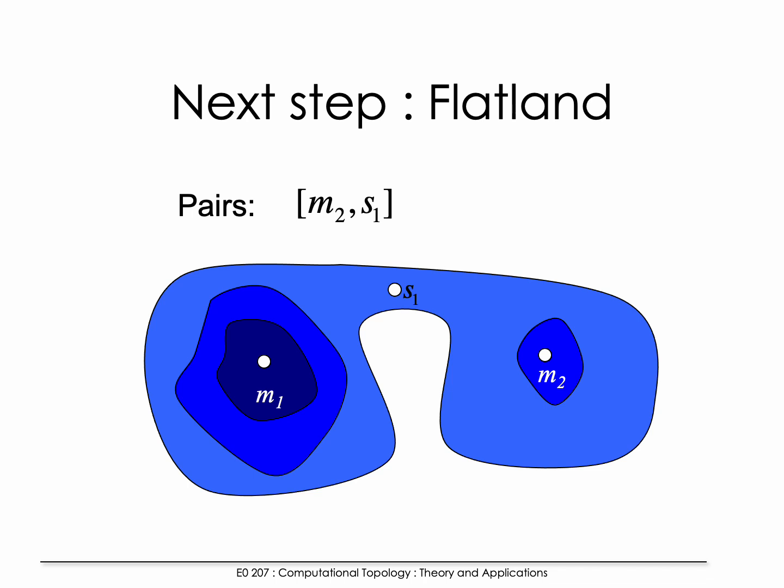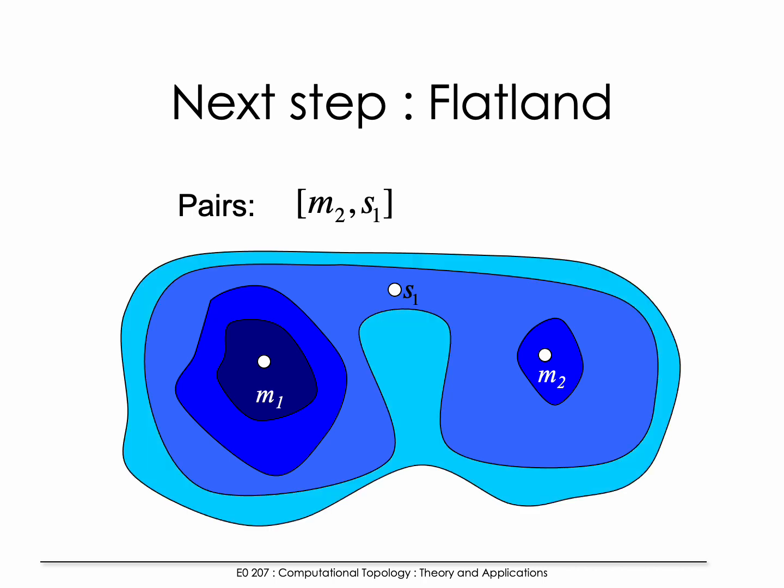We continue our sweep, and as we sweep up, something interesting happens. There was a single component that again merged at s2, a saddle, but this saddle happens to be a creator. Unlike s1, which was a destroyer, s2 is a creator.